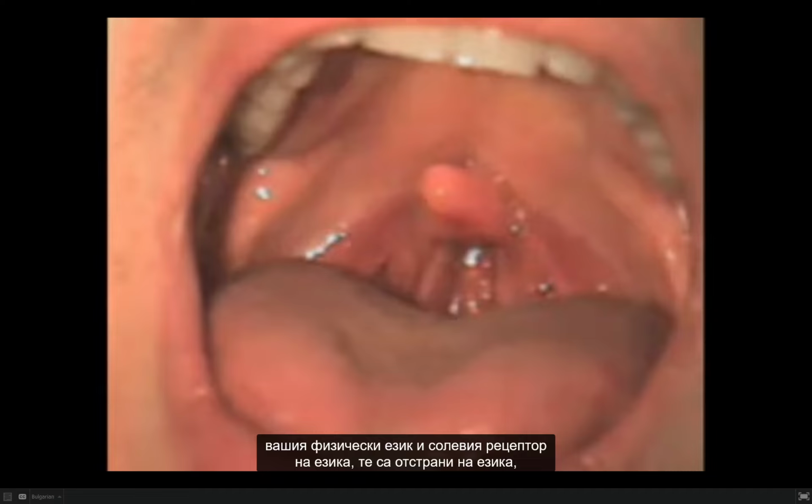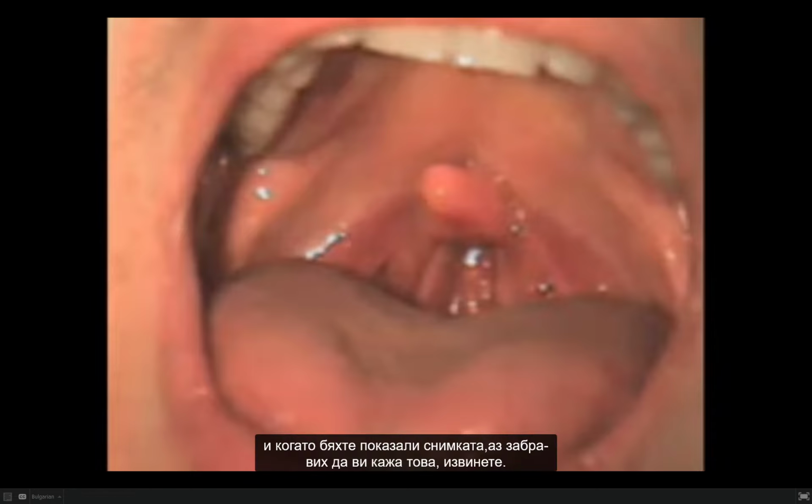The salt receptors of the tongue are on the sides, right and left. We call them papillae in Latin. These papillae on the right and left of your tongue are for salt, and for sweetness it is actually the tip of the tongue.